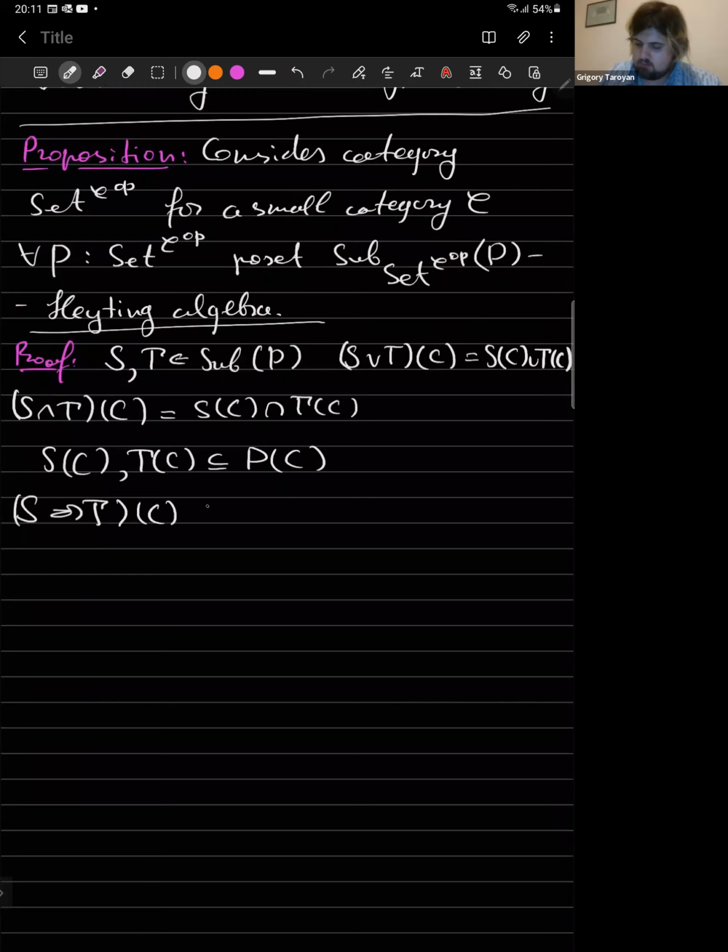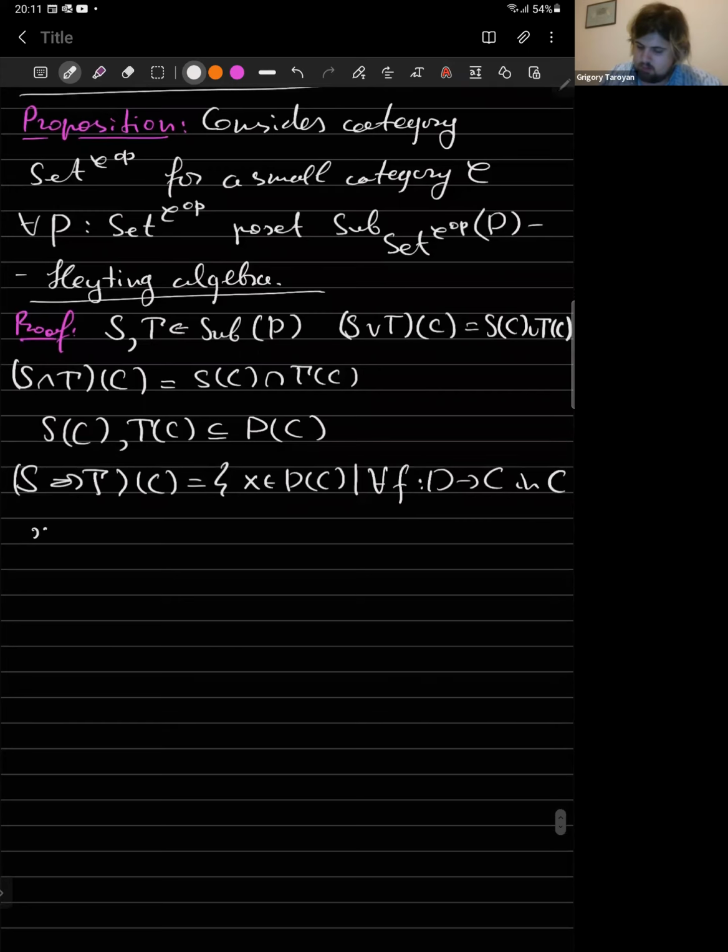The value of implication on an object C is the set of all x in P(C) such that for any morphism f from C' to C in the category, so this is just the pullback element of x, if it belongs to S, that means that x·f belongs to T.